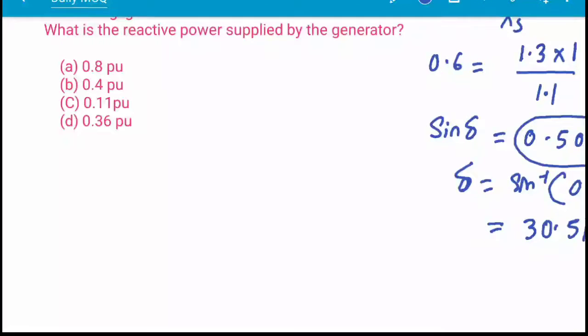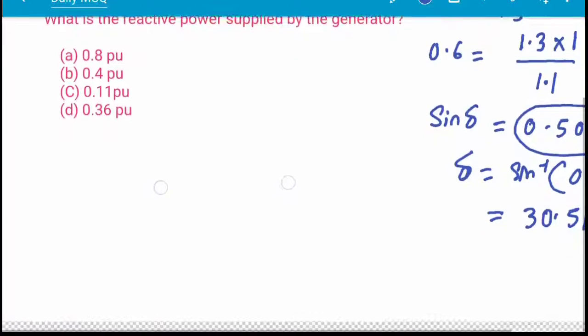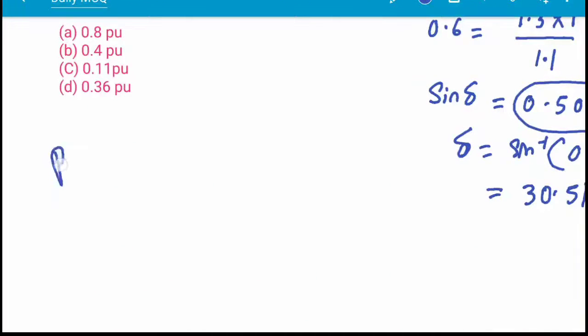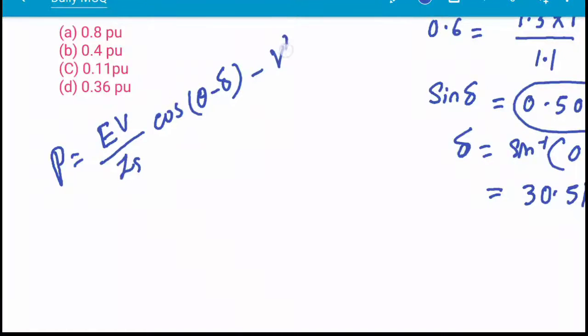You must know that the power flow equation of a synchronous motor or synchronous generator is given by P is equal to EV by ZS, where ZS is the synchronous impedance, cos of theta minus delta, minus V square by ZS cos theta.